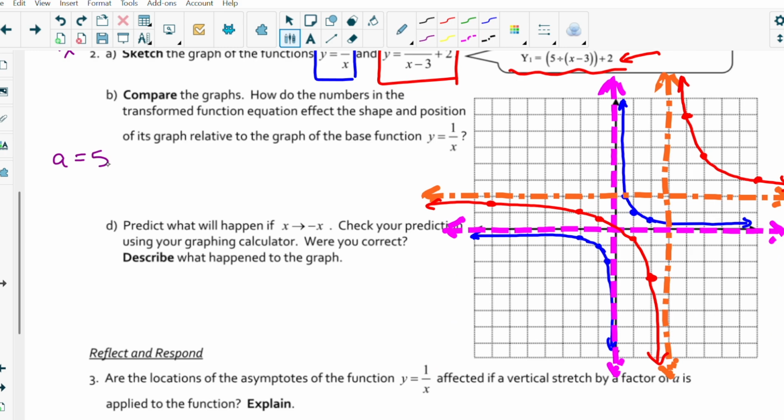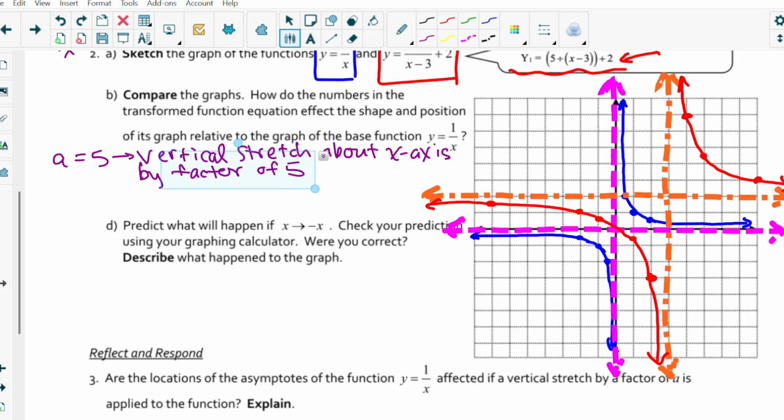So a equals 5. Let's call it out. It's a vertical stretch about the x-axis by a factor of 5. Okay, we know that.